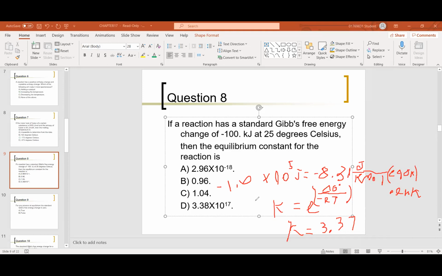Is that 1 times 10 to the 5th power? How would I just do 100,000? 1, 2, 3. Same answer.